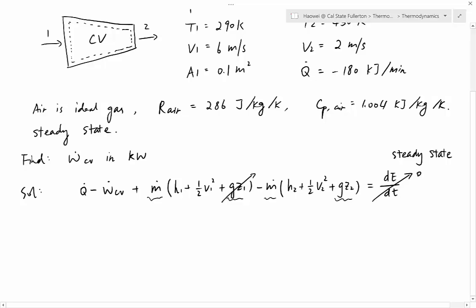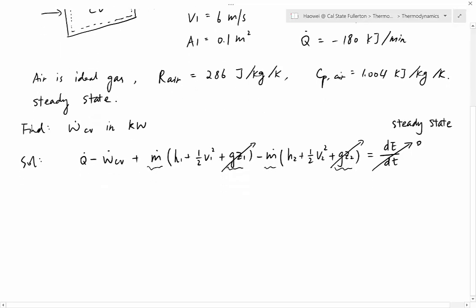So m g z1 minus m g z2, they cancel each other. Because we're looking for W dot CV, we move W dot CV to the left-hand side. And then the right-hand side becomes Q dot plus m dot times V1 squared minus V2 squared over 2 plus h1 minus h2.